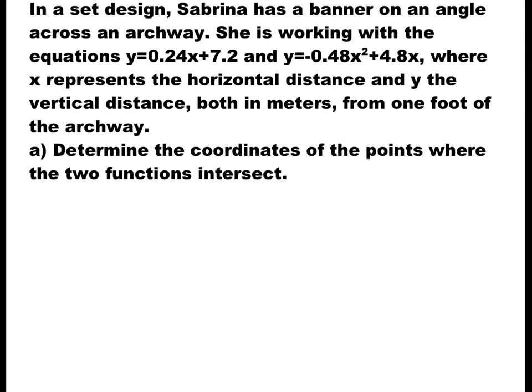In the first example, Sabrina has a banner which is at an angle across an archway. The arc is in the form of a parabola. So let's draw the case. This is the parabola, and let's assume this is the banner.